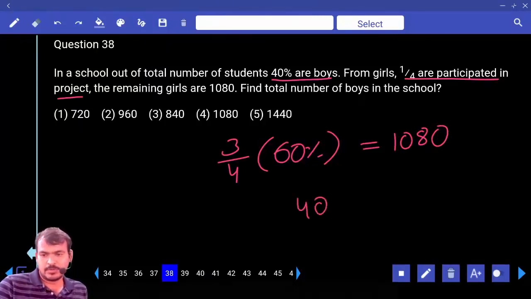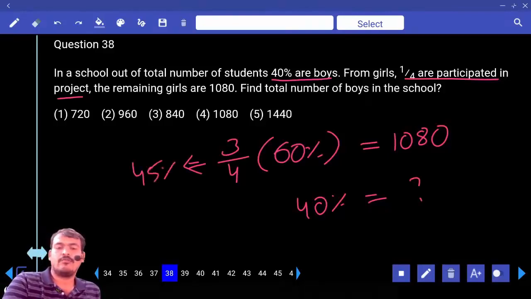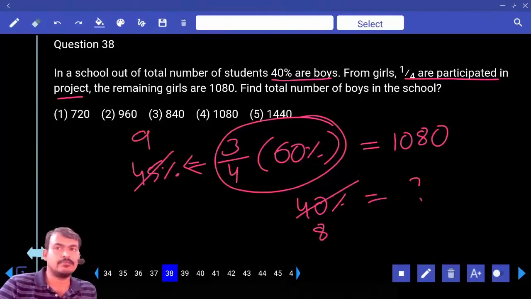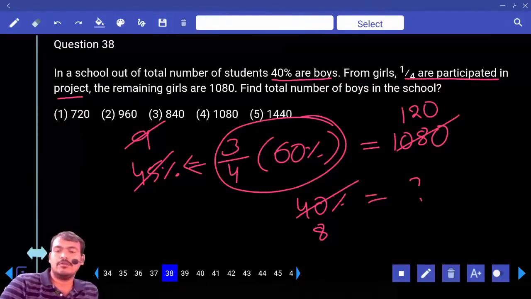Boys, 40%. 3/4 of 60 directly we write as 45%. In place of this, 45. 5 how many times? 9. 5 how many times? 8 times. 9 how many times? 120. 120 into 8, how much? 960.